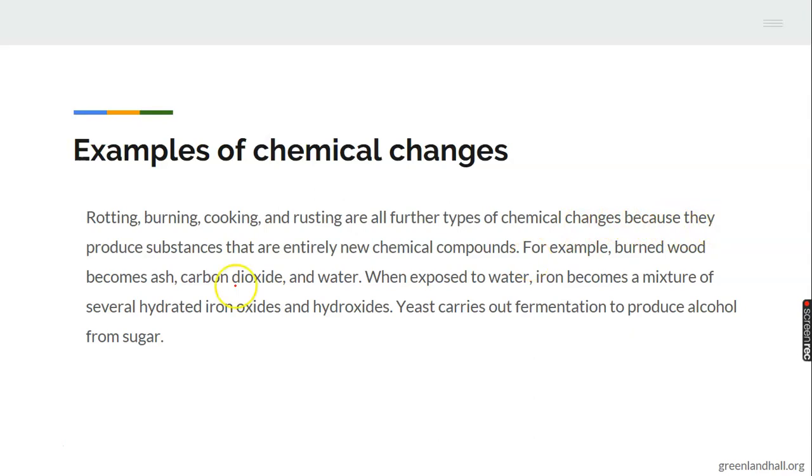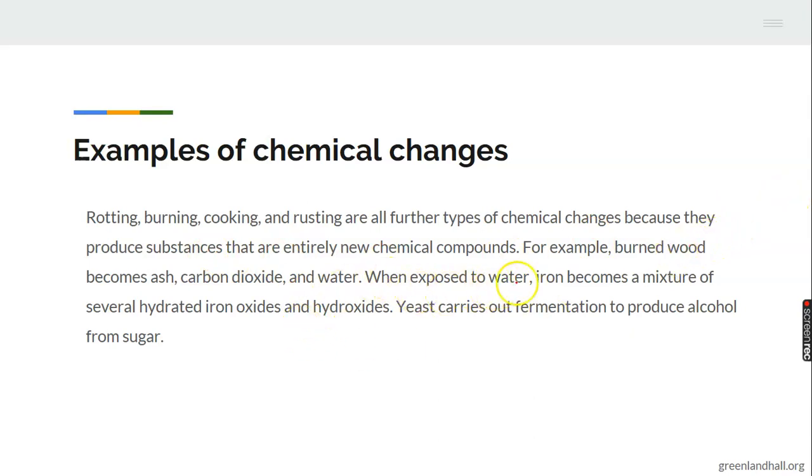Okay, so because they produce substances, they are entirely new chemical compounds. For example, burnt wood becomes ash, carbon dioxide, and water. Those are the products you have when you burn wood.